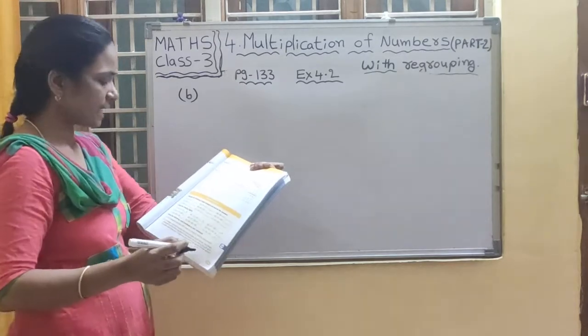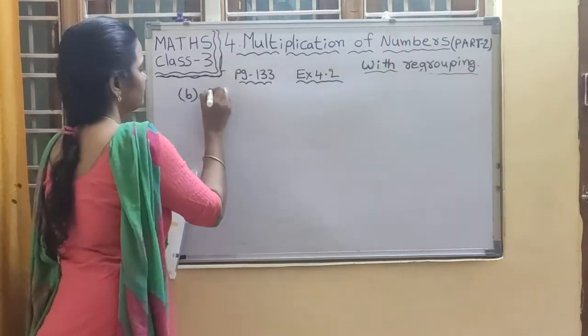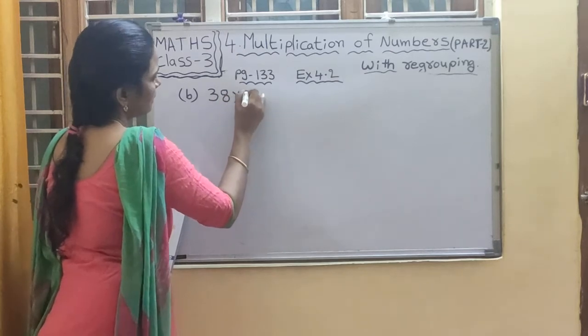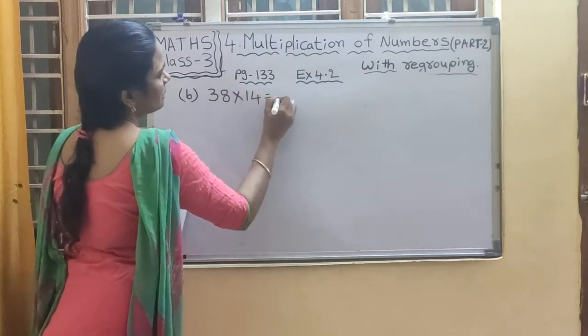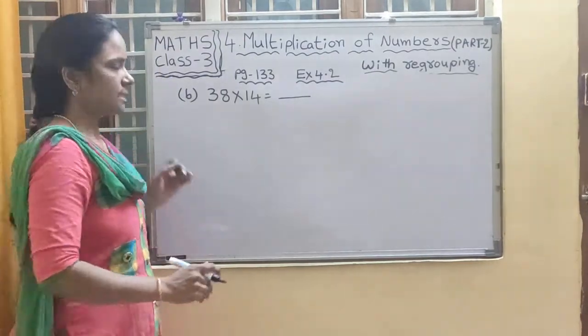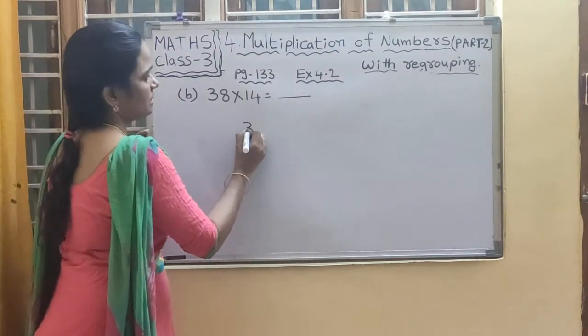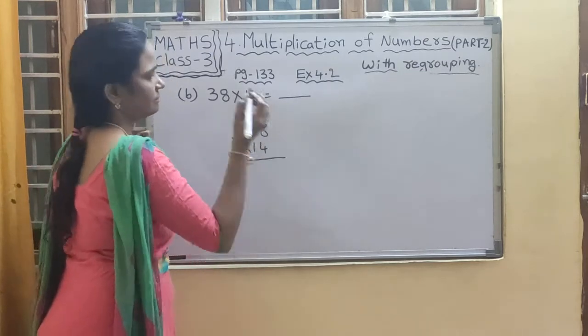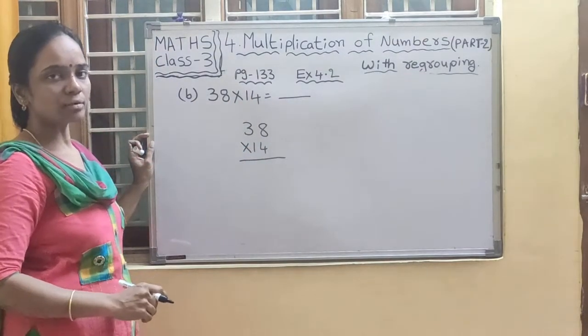B bit is 38 into 14. 38 into 14. Okay. Now look at the board, children.